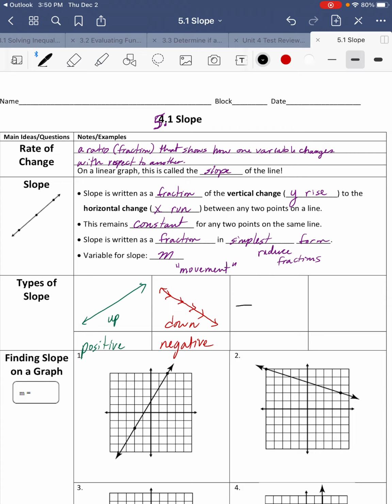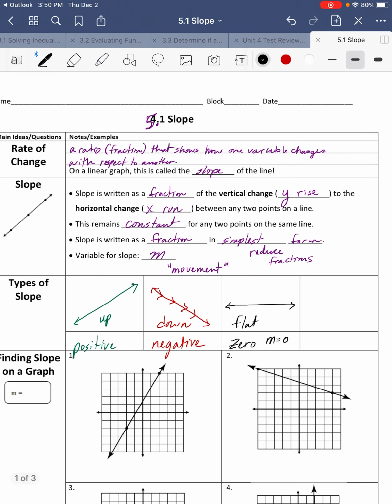Then if we have a graph that is horizontal, from left to right, it's flat. If you think of walking on flat ground, the slope is going to be nothing, 0. This is where the slope, the m, which is for movement, is going to be 0. You're not going uphill, you're not going downhill.